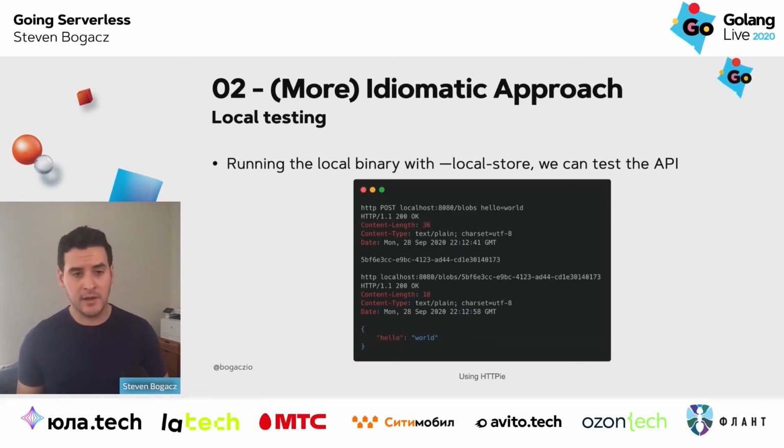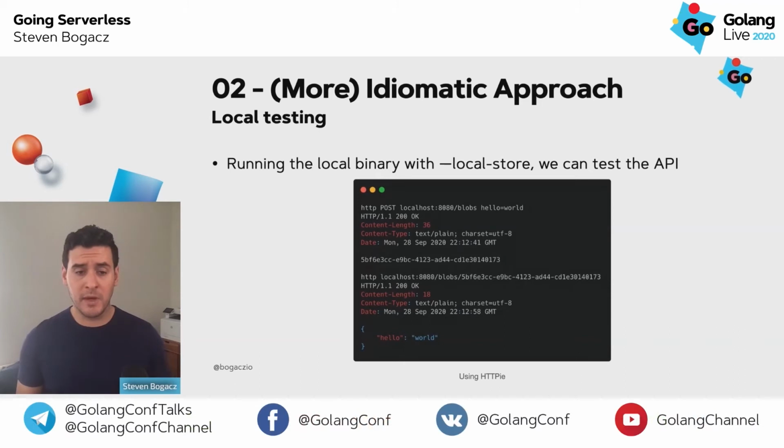Here I'm using HTTPie, but you could be doing this with curl as well. We're effectively invoking our API. We can test it out and exercise edge cases, things that maybe we weren't ready to unit test yet. This makes it a lot easier to test our business logic without having to fully deploy everything into AWS.